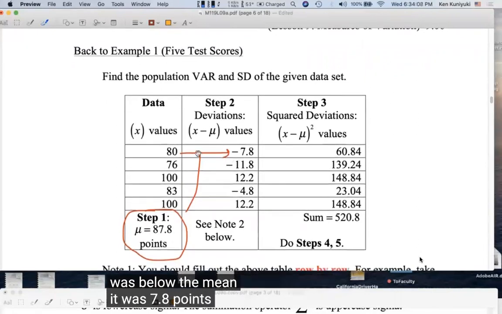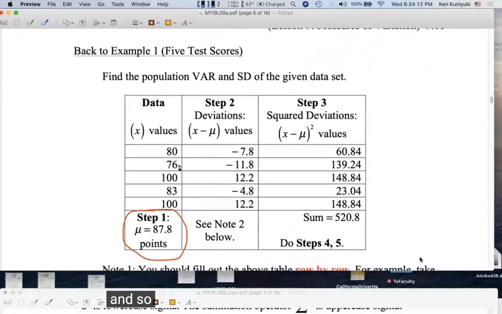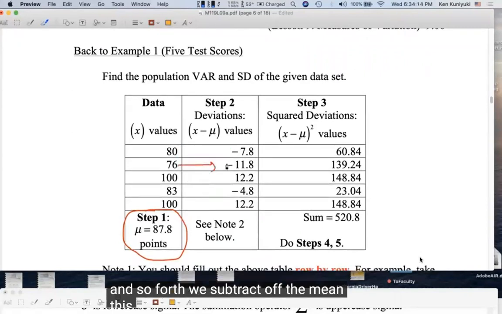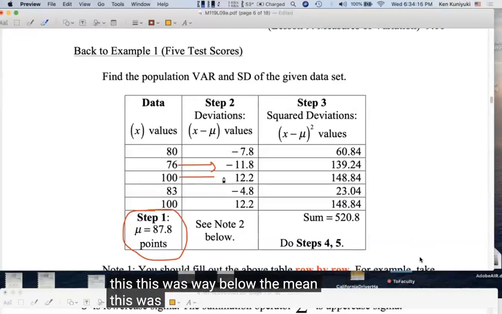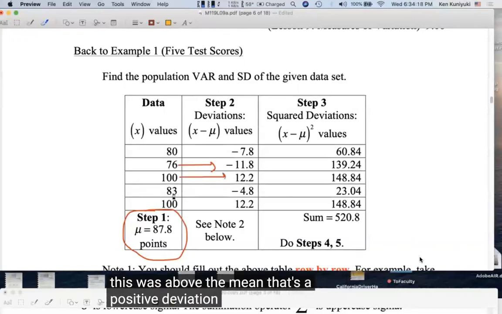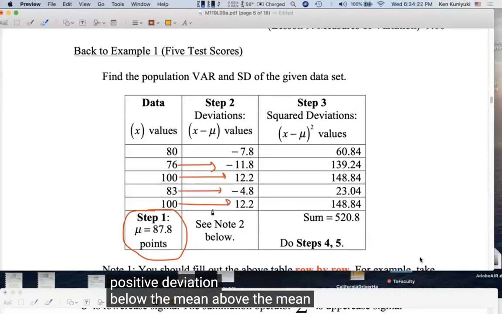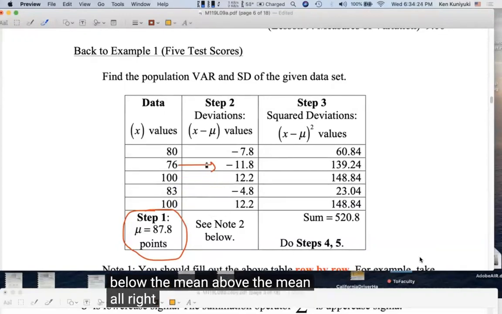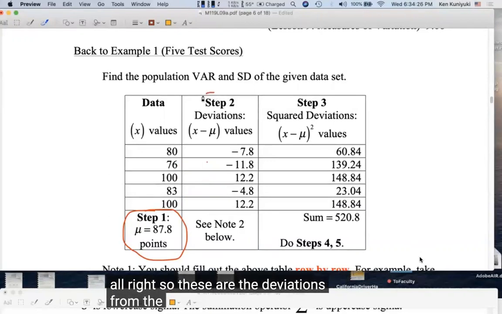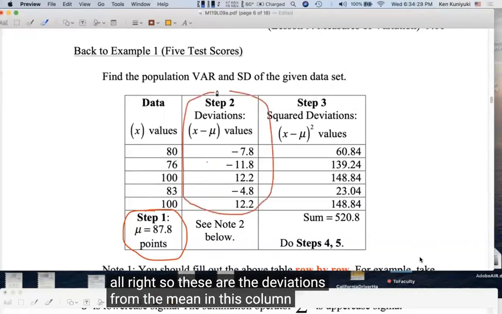It was 7.8 points below the mean. And so forth. We subtract off the mean. This was way below the mean. This was above the mean. That's a positive deviation. Below the mean, above the mean. So these are the deviations from the mean in this column.